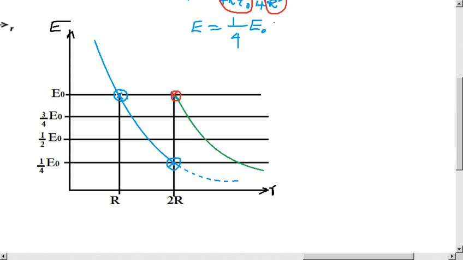So now we can draw the equivalent final one. So like this, go to 0, stay 0, and rise suddenly to this value, and coming like this and leaving like this.